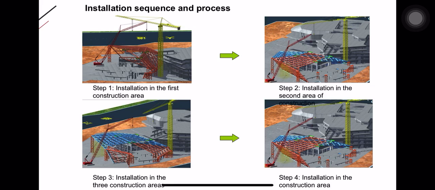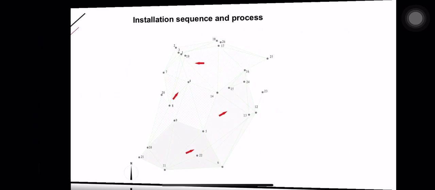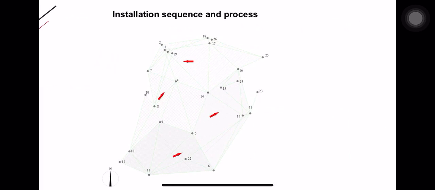The nodes and structure planes included in each construction area are distinguished as shown below. The installation sequence of the entire roof steel structure is as follows.